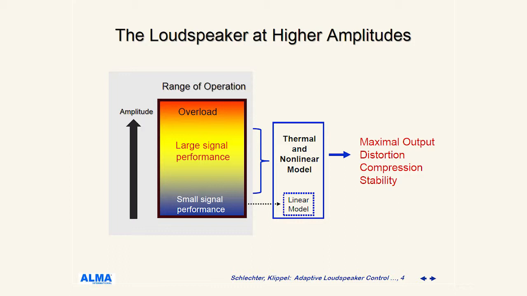If you want to get to the maximal output of a loudspeaker, you will encounter distortion generated by the speaker. You will see some compression, thermal compression, mechanical compression, and maybe even the loudspeaker may get unstable at higher amplitudes. And you get very close to a region, we call it overload, where the loudspeaker may be damaged and you have to do something against it.